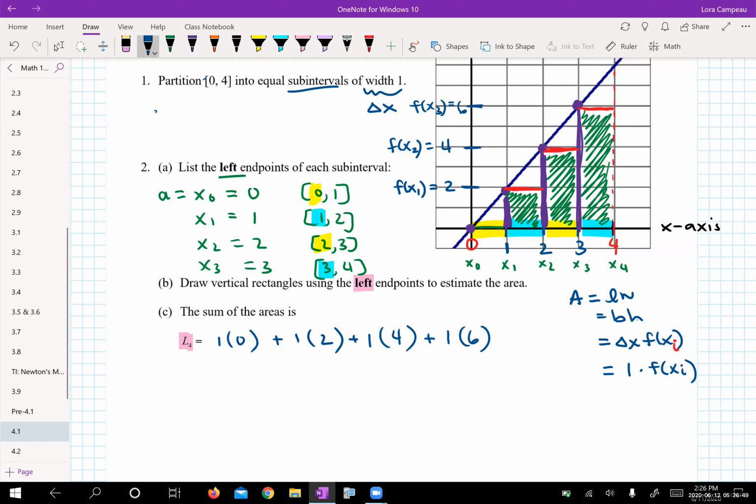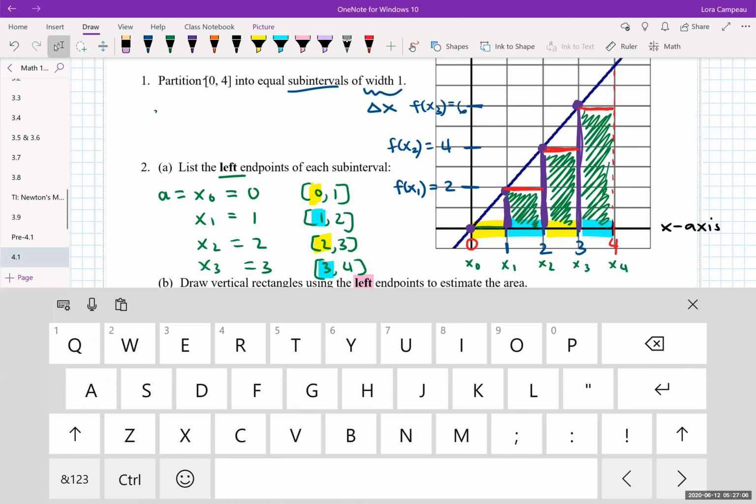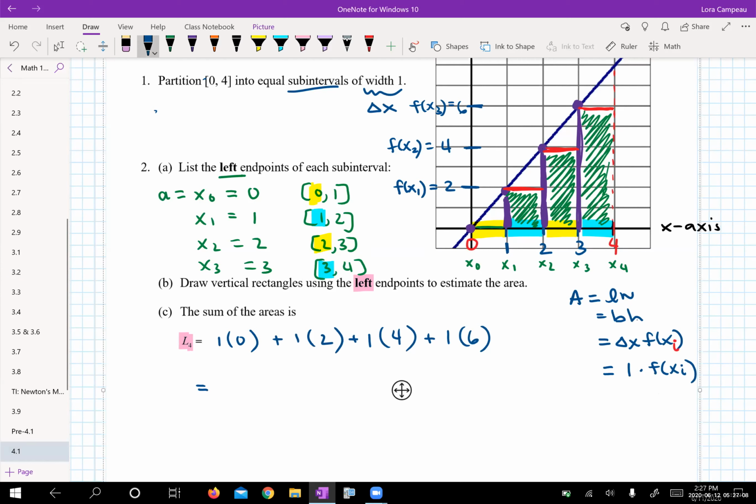Please let me insert the math notation to help you out, just in case we end up using it again. What does the 1 stand for in each of those cases? That's the length of the subinterval, so we should have delta x.